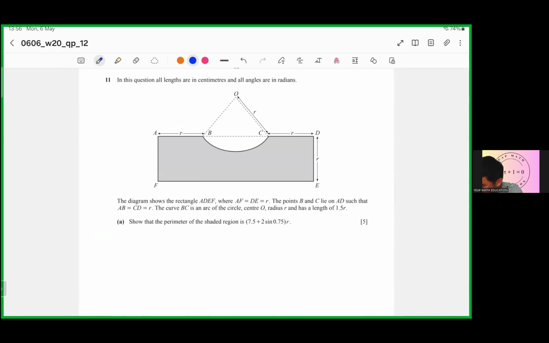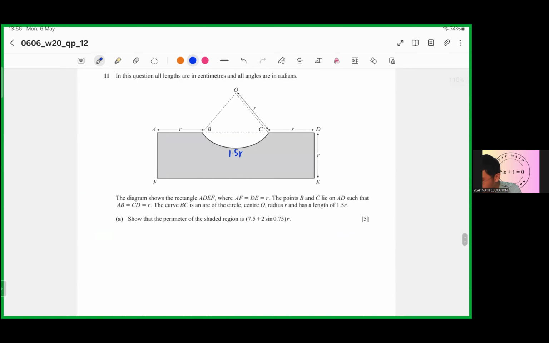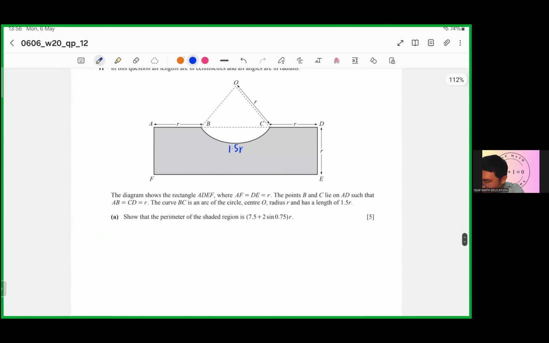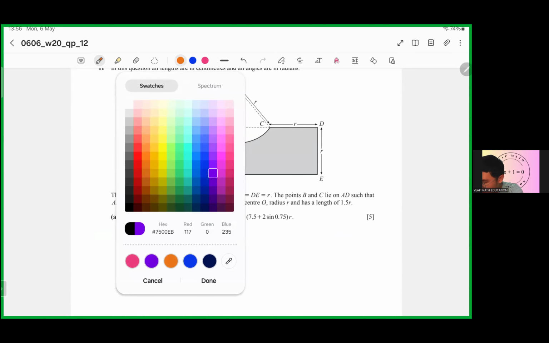For this part, you can see 1.5R. Show that the perimeter of the shaded region is (7.5 plus 2 sine 0.75) R.